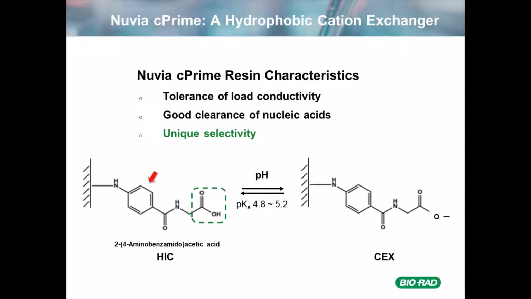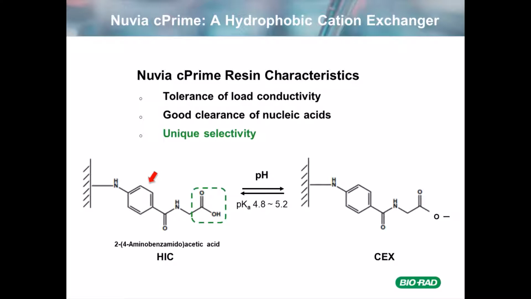So here is the first example I'm showing you. It's Nuvia C Prime, a hydrophobic cation exchanger. So the ligand of this resin has a hydrophobic moiety, that's the benzene ring. It also has a carboxylate functional group.